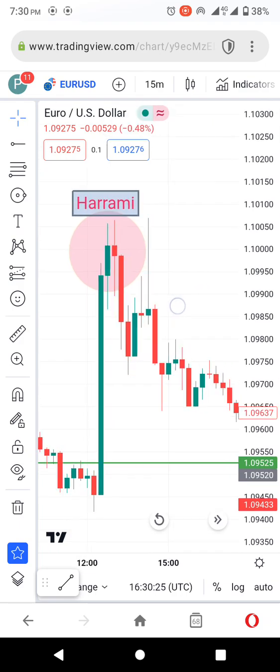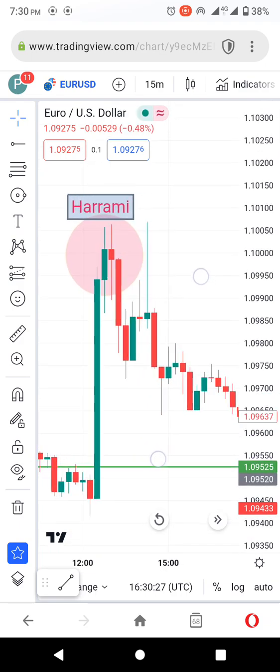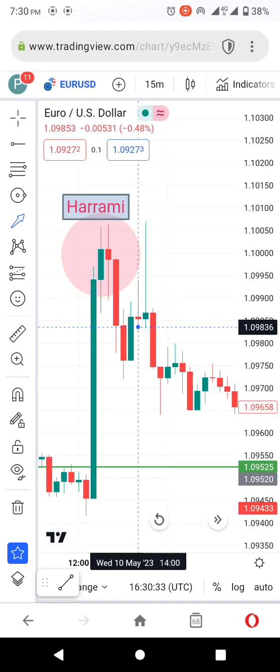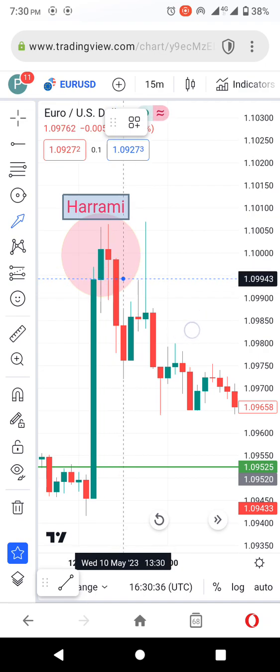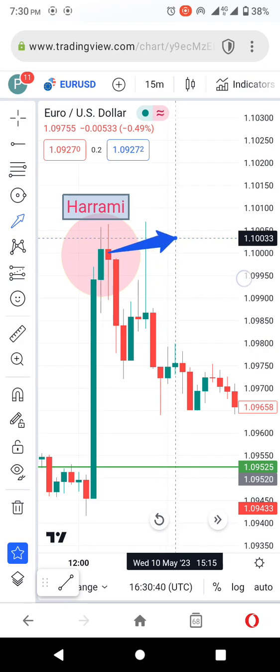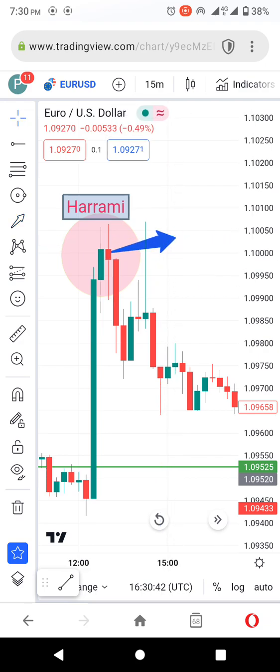Harami. Then you have to make sure that it is a Harami, you check on this candlestick. I have to show you this candlestick formation here, the candlestick that formed, so that you can learn. That candlestick is mostly the buyers in the market, the green one, but then the sellers come into the market, they supply the sellers.